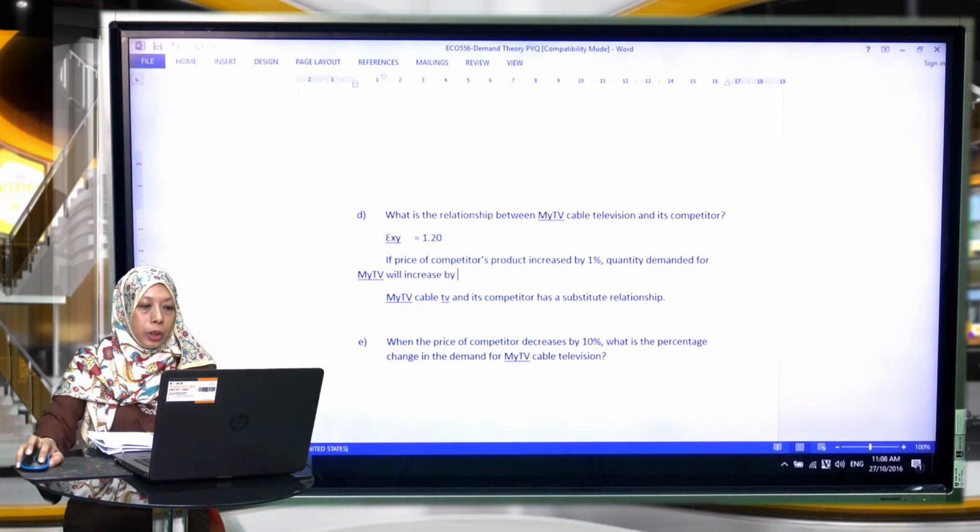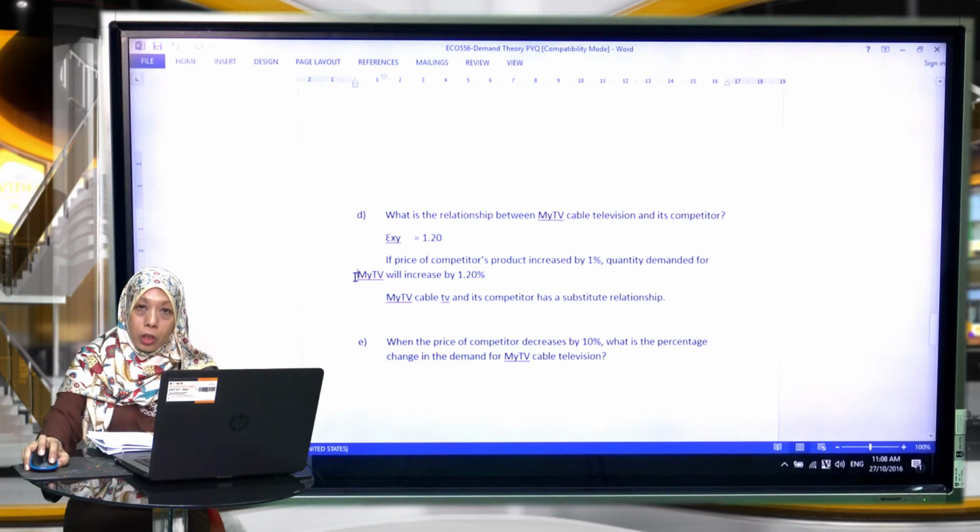So when the competitor increases price by 1%, the effect on your product is that your demand will increase by 1.2%.